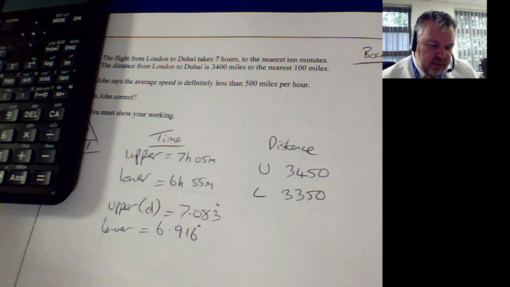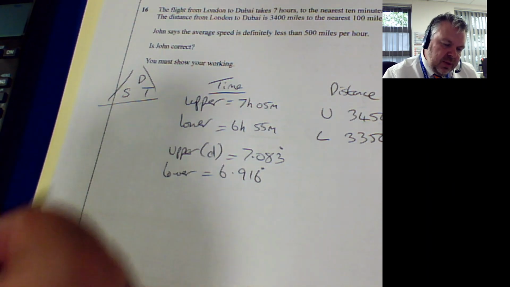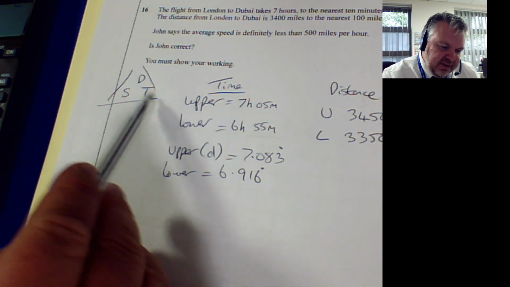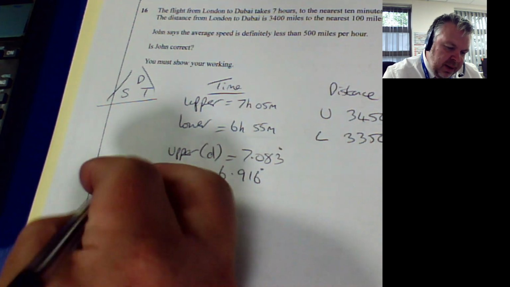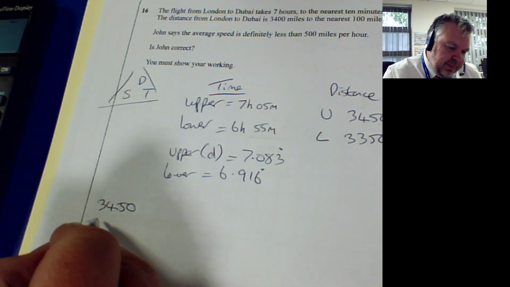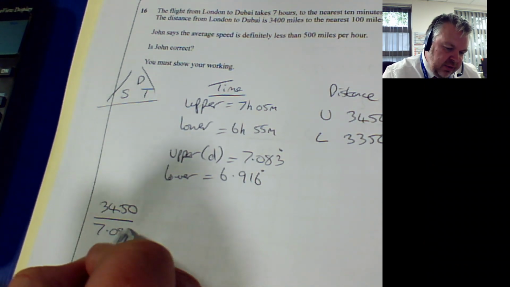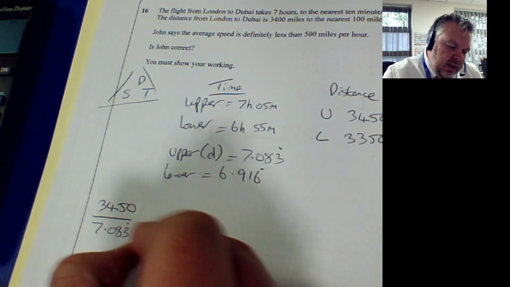Okay, so now I'm going to do the calculations, the different calculations that we can do. We are doing distance divided by time. So I can do my biggest distance, 3450, divided by my biggest time, 7.083 recurring, as one option.